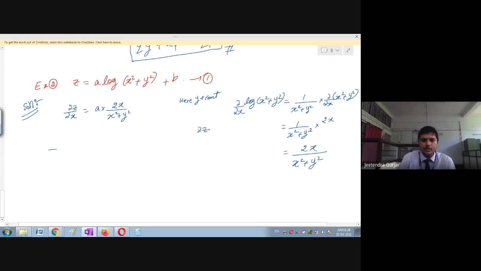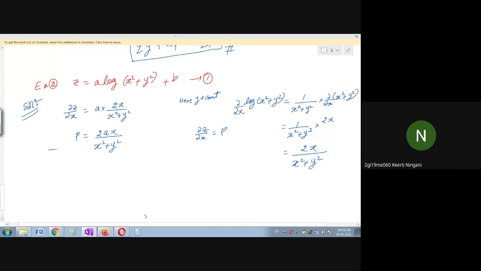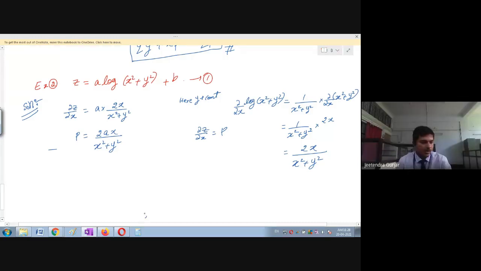What is dou z upon dou x? dou z upon dou x is p. Therefore, p is equal to 2ax divided by x square plus y square. I think everyone got the same answer. Yes, please reply. Very good.